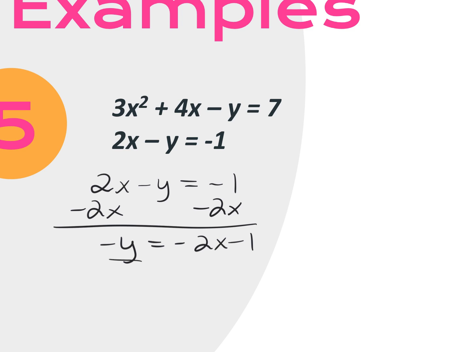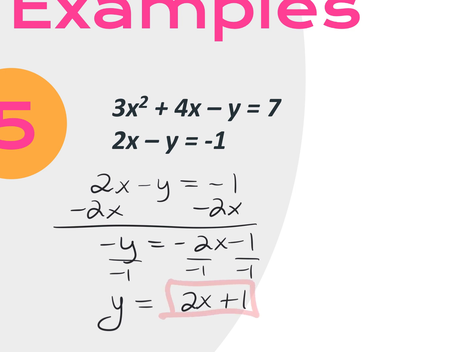And then I can't have a negative y, so I'm going to divide everything by -1, and I get y equals 2x plus 1. This is going to be the expression that I substitute in for y into my other equation. I can never substitute back into the equation I rearranged.